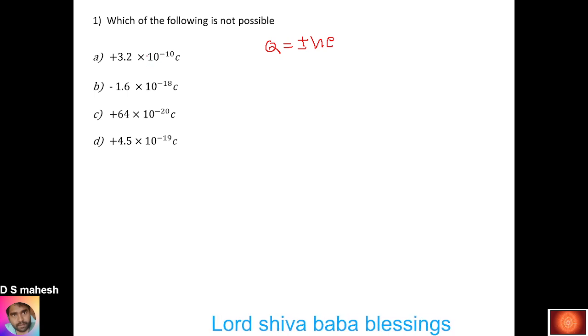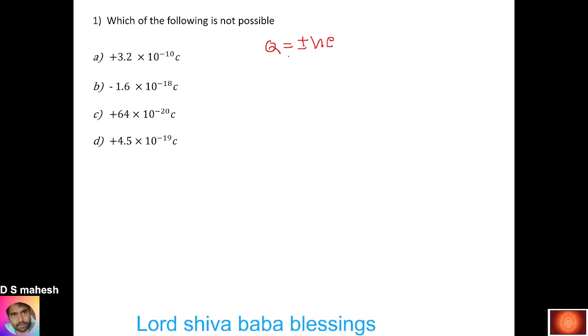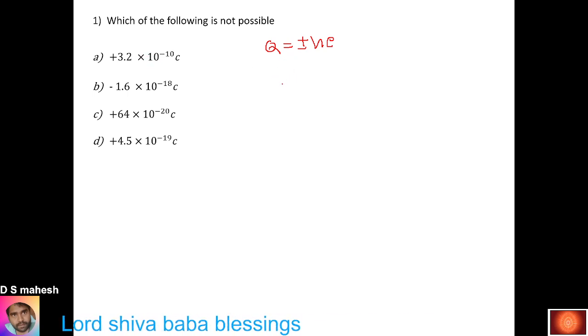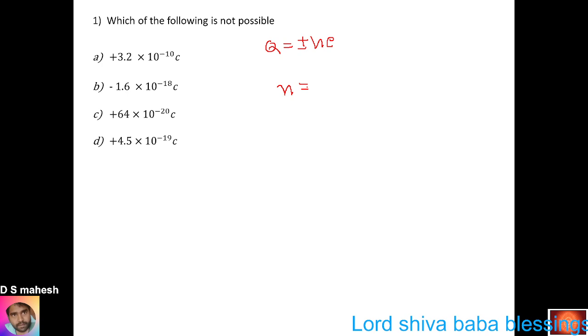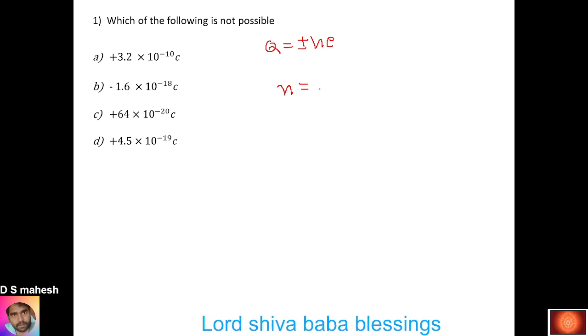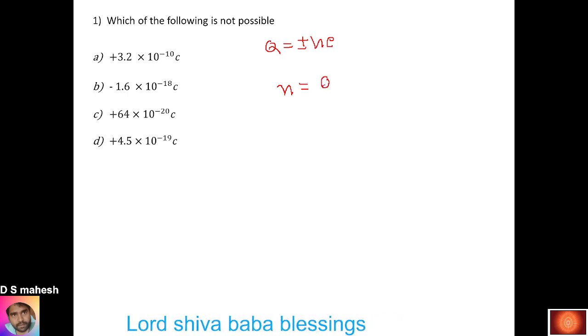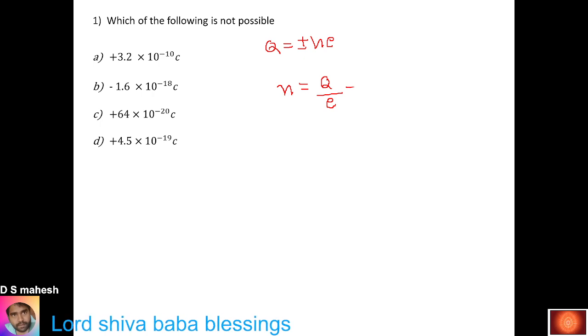So we need to check whether n is a fraction or an integer. If it is an integer, then that can be transferred. If it is not an integer, then it cannot be transferred. So now n is equal to Q by e.